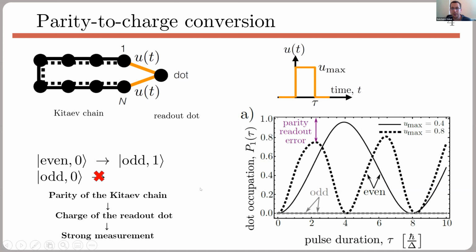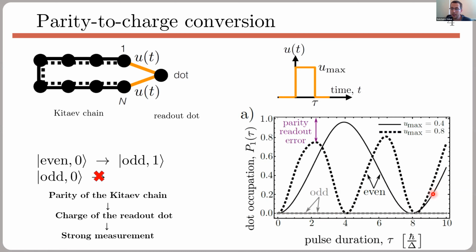Okay, here we can see a quite busy plot about this Rabi oscillation. I have plotted the dot occupation as a function of pulse duration. Here we can see these horizontal lines which belong to the odd ground state. Here there is no Rabi oscillation, so the occupation number of the dot remains 0.